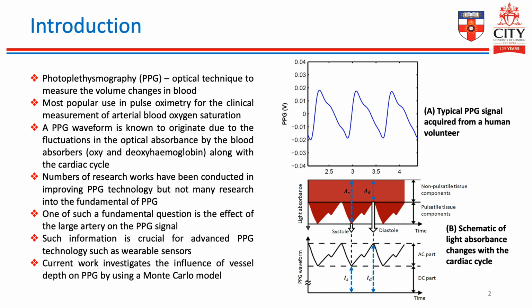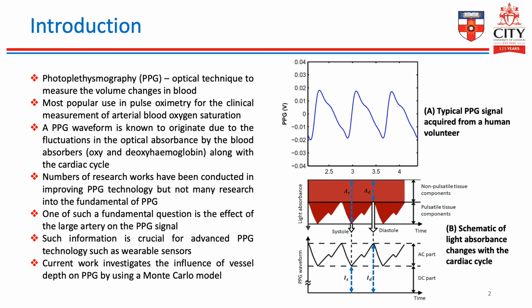Photoplethysmography, in short PPG, is an optical technique to measure the volume changes in blood. The most popular use of PPG can be found in pulse oximetry, which is the technique to measure the arterial blood oxygen saturation in the clinical setting.